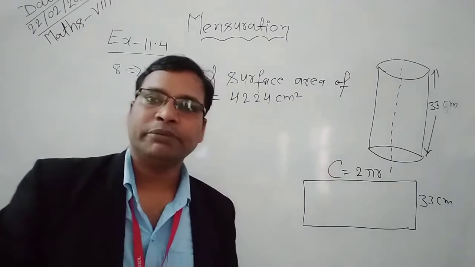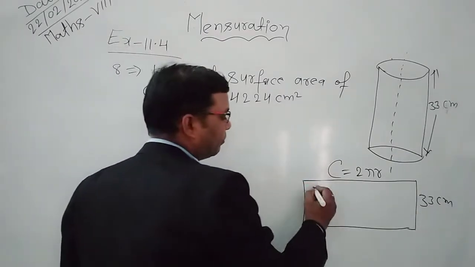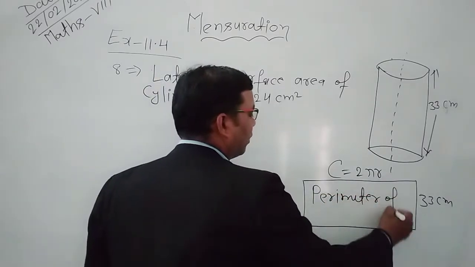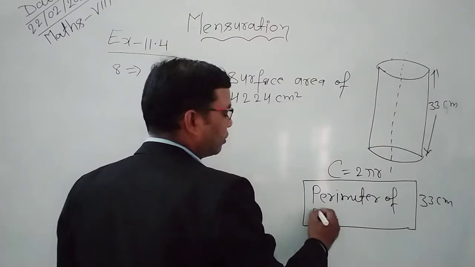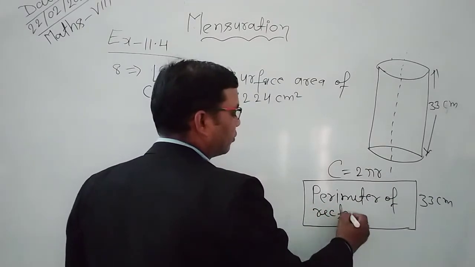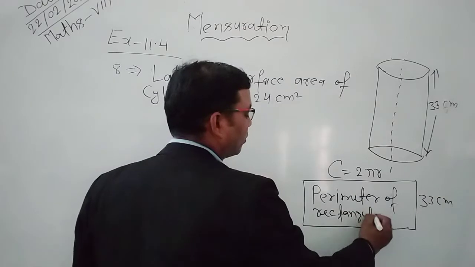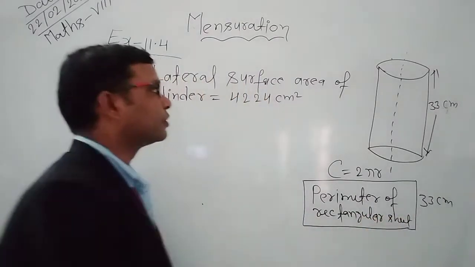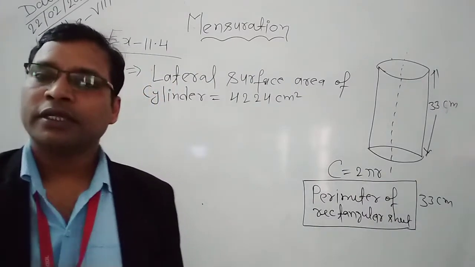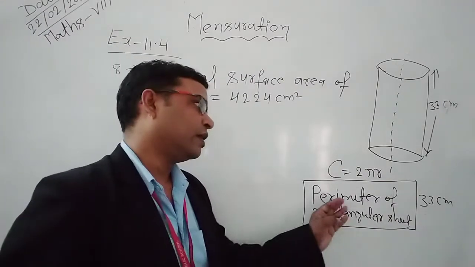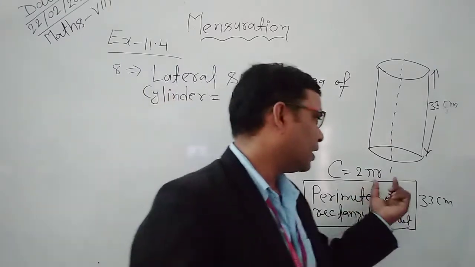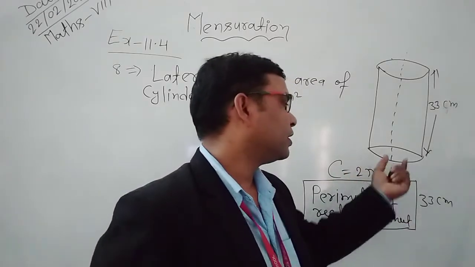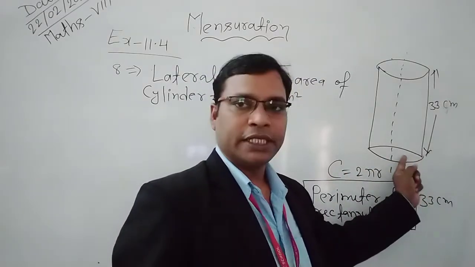We need to find the perimeter of this rectangular sheet, whose length is C and breadth is 33 centimeter, and C represents the circumference of the base of this cylinder.